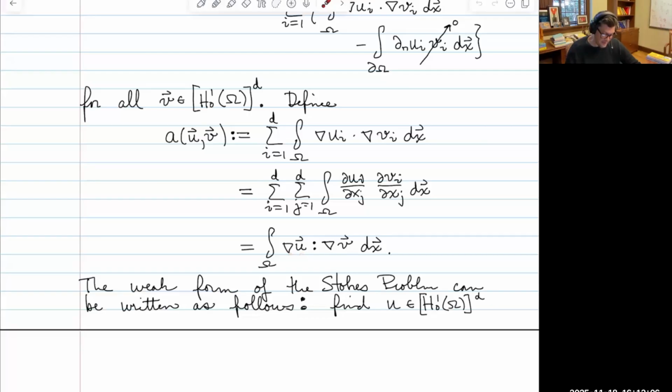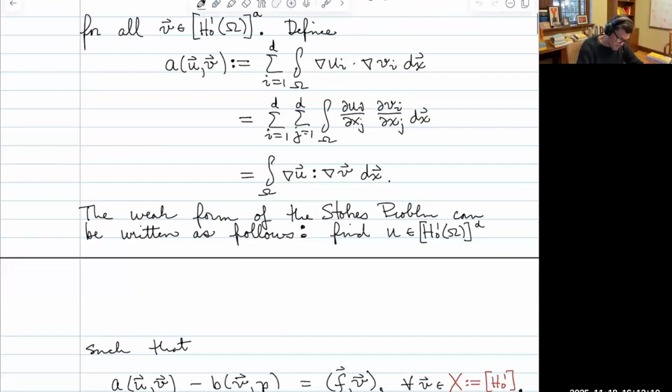How could I define that? So it's really a matrix, okay? The gradient of a vector function u is really a matrix of the following form, dui/dxj for j and i between 1 and d. So it's a d by d matrix.